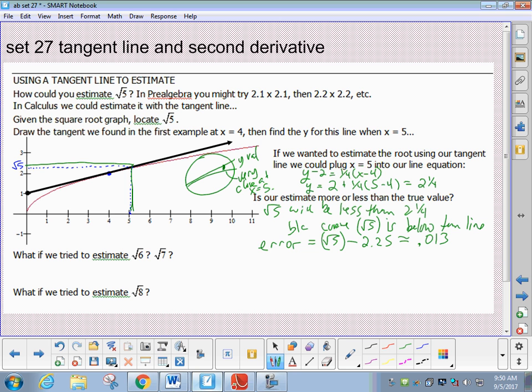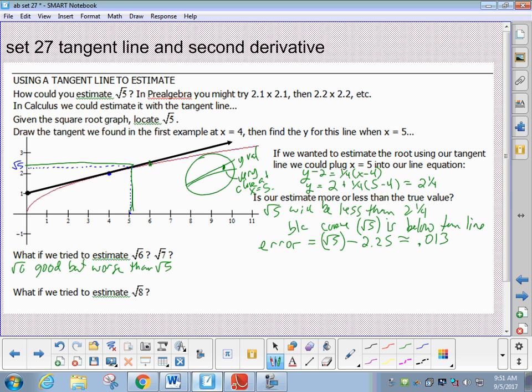All right. What if we tried to estimate the square root of 6 with our tangent? Would it be a pretty good estimate? Yes. Why? Graphically. Because the curve and the line at that point are pretty close. Better or worse than our estimate at 5? Root 6 would be good, but worse than the root 5 estimate.